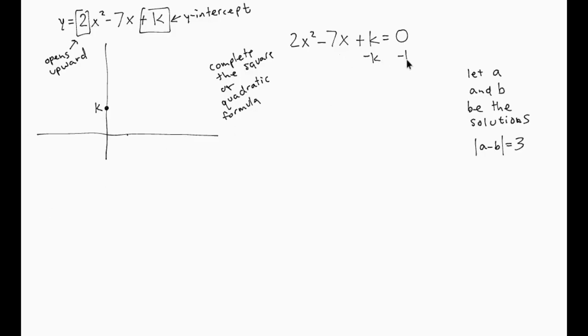Start by moving the constant to the right side of the equation, so minus k from both sides. Then we need to factor the 2 out of the terms on the left side. Be sure to leave a blank space for the constant in the parentheses.